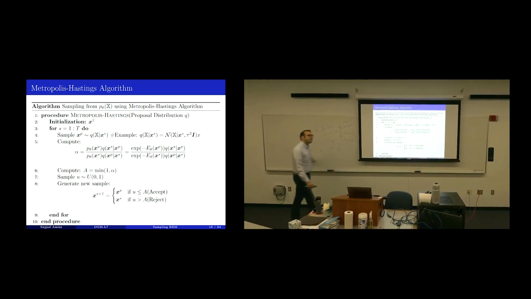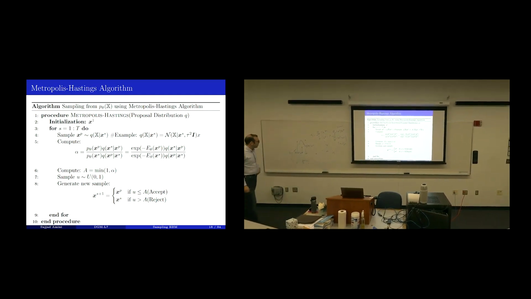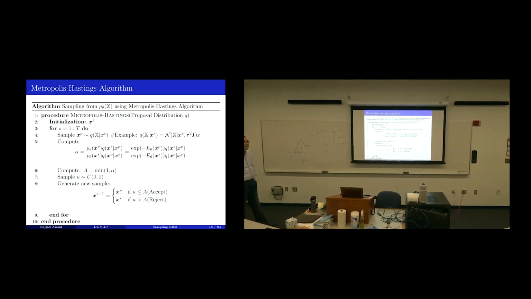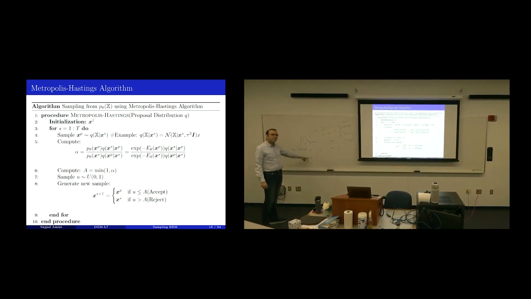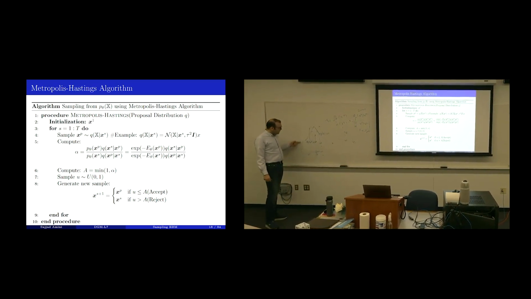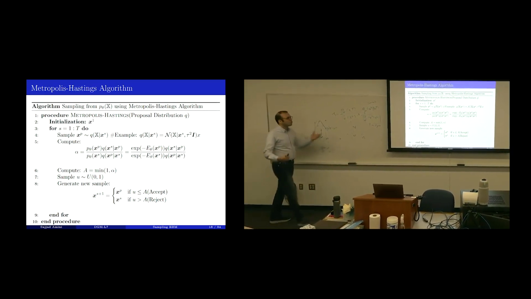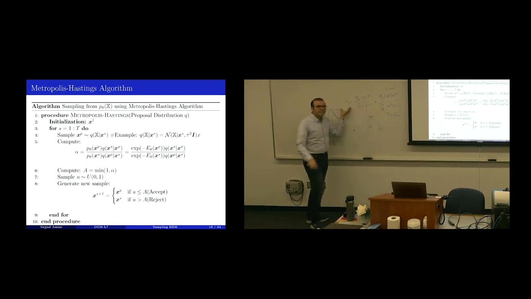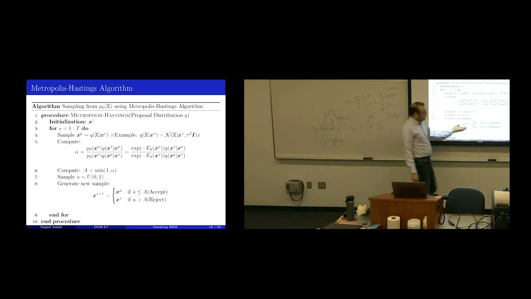In this case, exactly this case. Decrease. And this formulation decreases because Q of XS given XP is very small and Q of XP given XS is very large, so this value is very small, so alpha will be decreased, so with a lower probability, you accept XP.